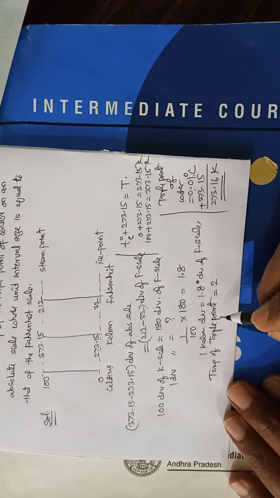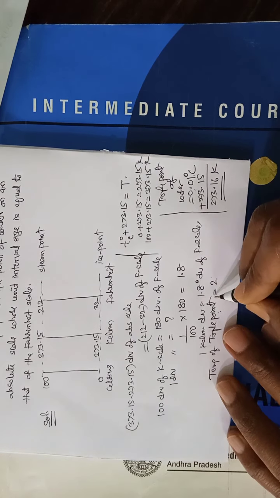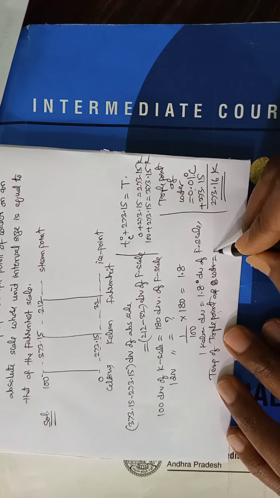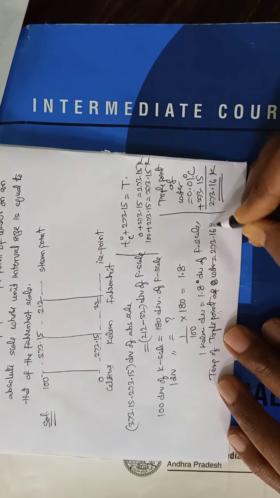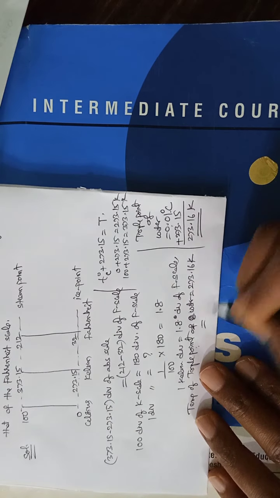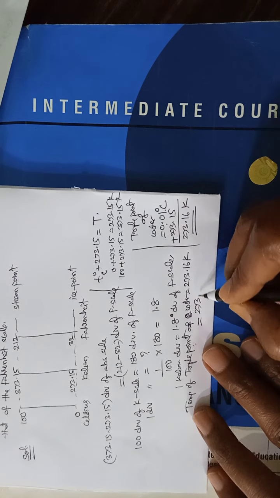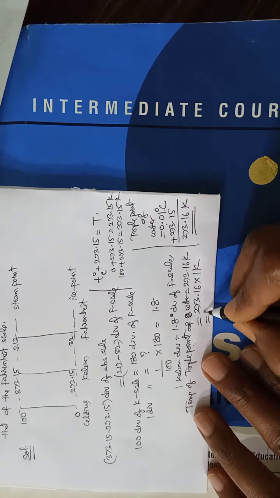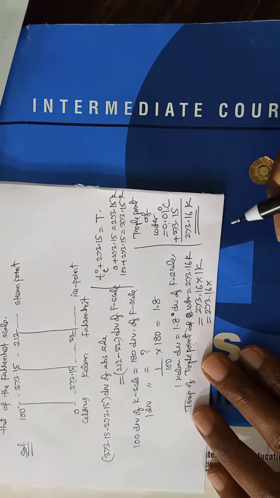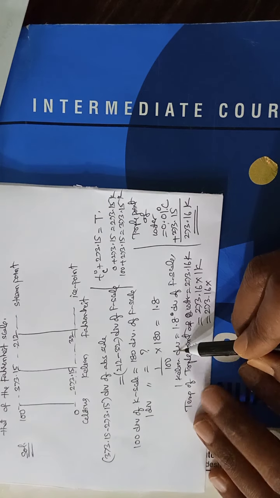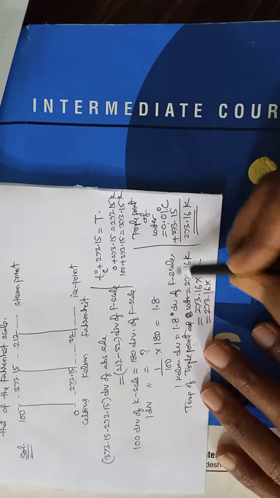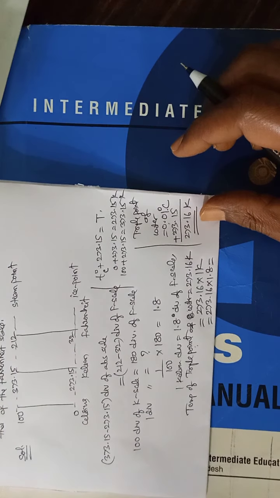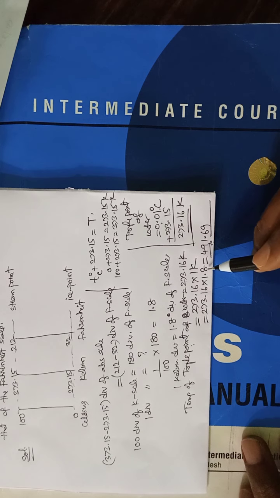So the temperature of triple point of water is 273.16 Kelvin, which is equal to 273.16 into 1 Kelvin, that is equal to 273.16 into, but 1 Kelvin division is equal to 1.8 divisions of Fahrenheit scale, so into 1.8. So this is the answer.